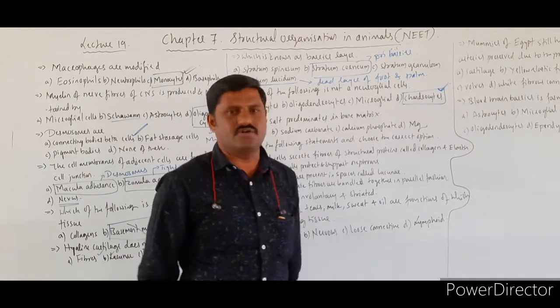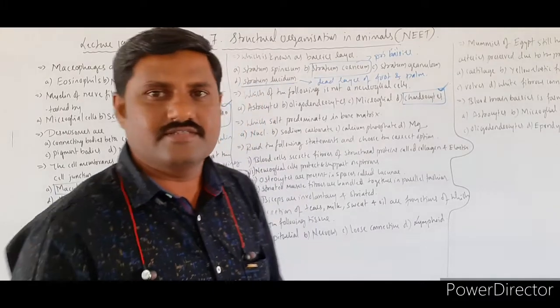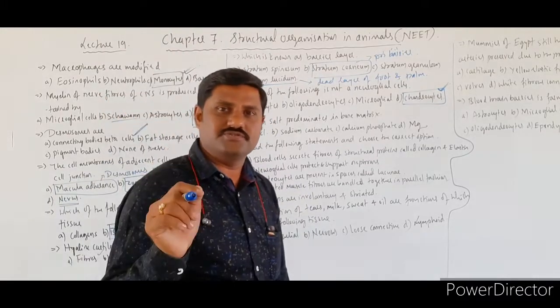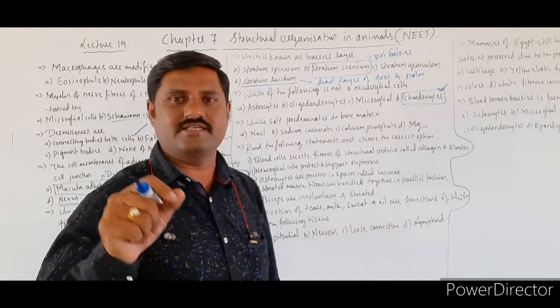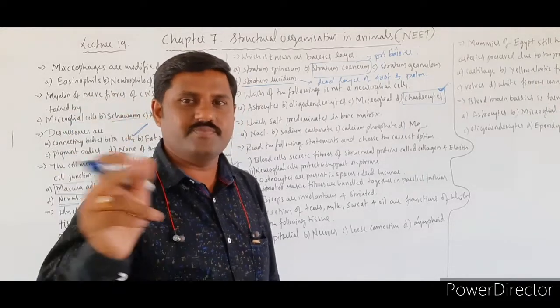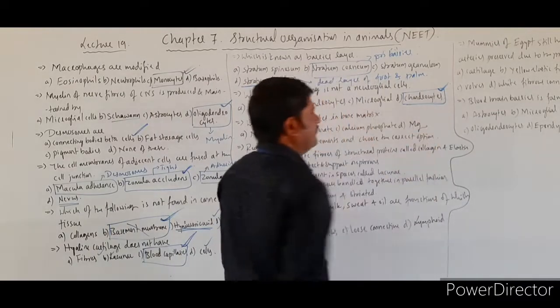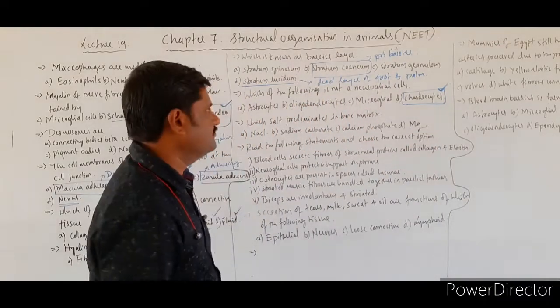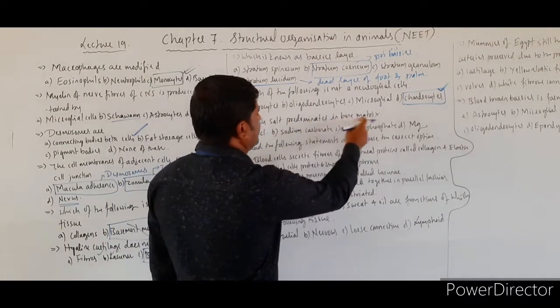What are those? Chondrocytes. Chondrin is one of the skeletal tissues, a smooth skeletal tissue present in the ear pinna itself, cartilaginous tissue that is made up of chondrocytes itself, right?